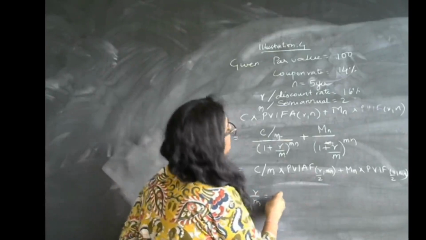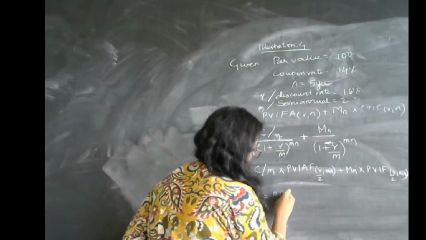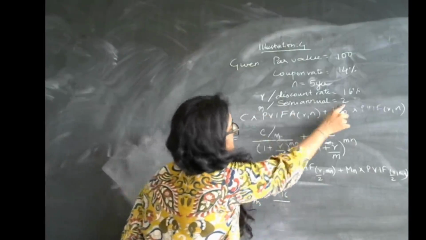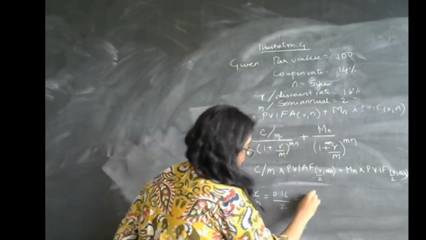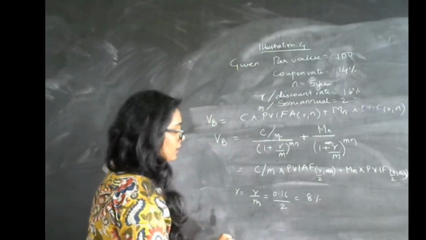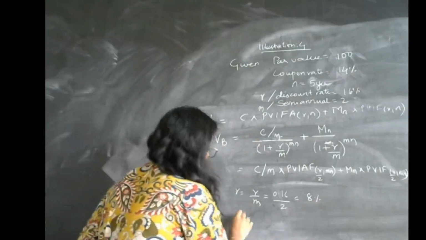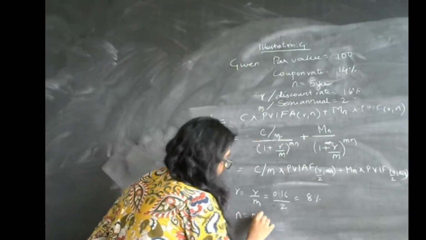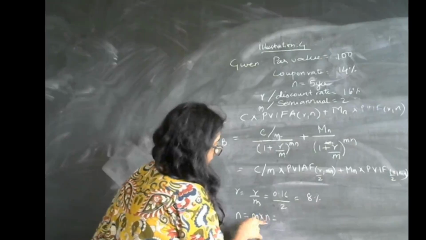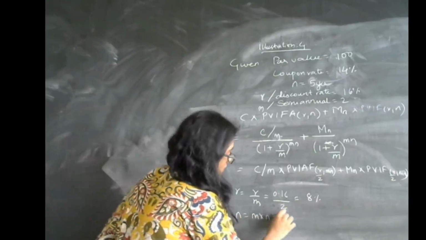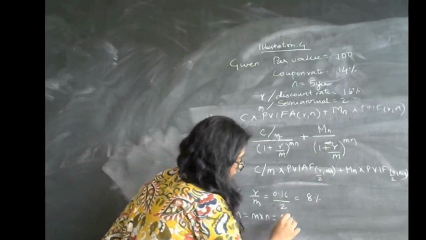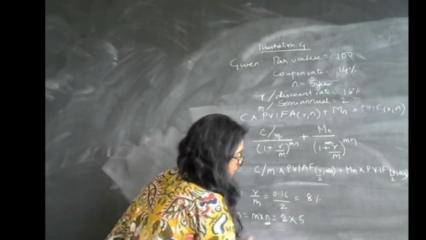Now what is R given to us? It is given as 0.16. What is M? Since it is semi-annually, M is equal to 2. So it comes to 8%. Now we want to find out the number of years. Since it is a semi-annual problem, we'll have to multiply the number of years with M. M is nothing but 2 and the number of years is given as 5.